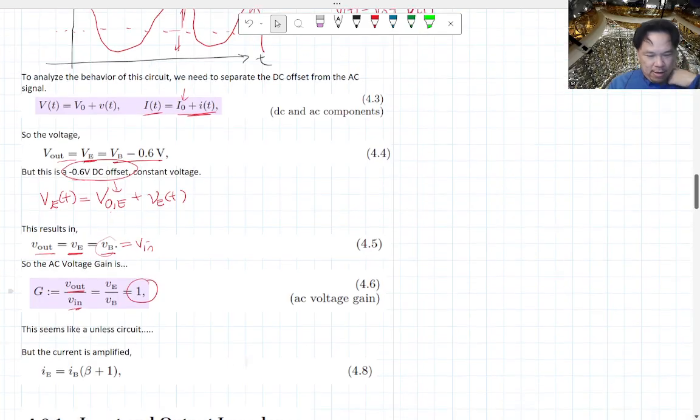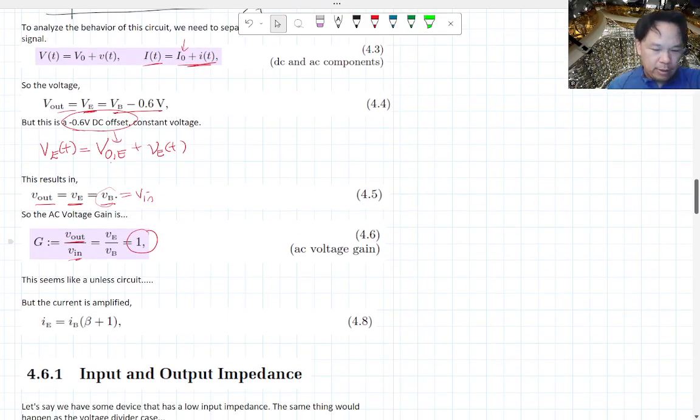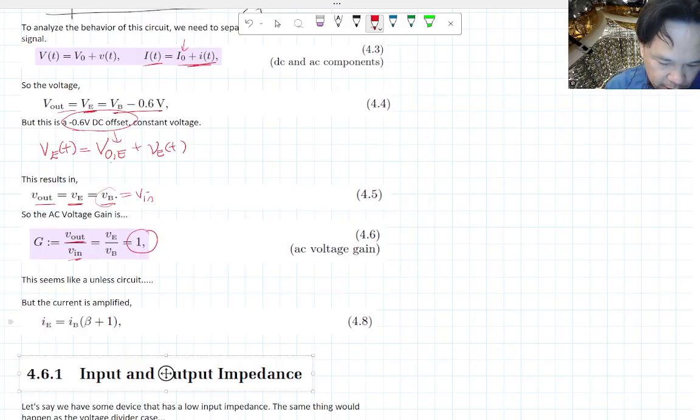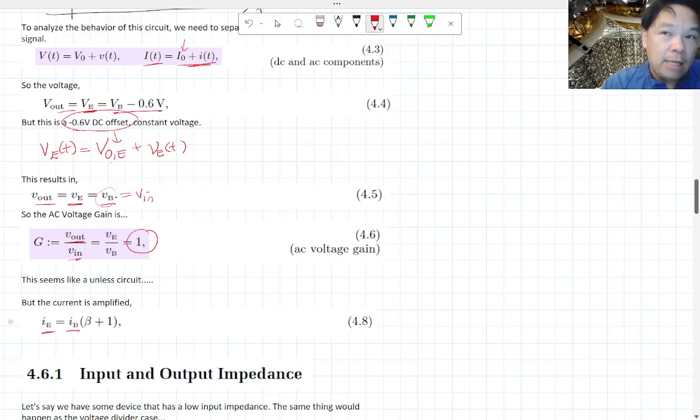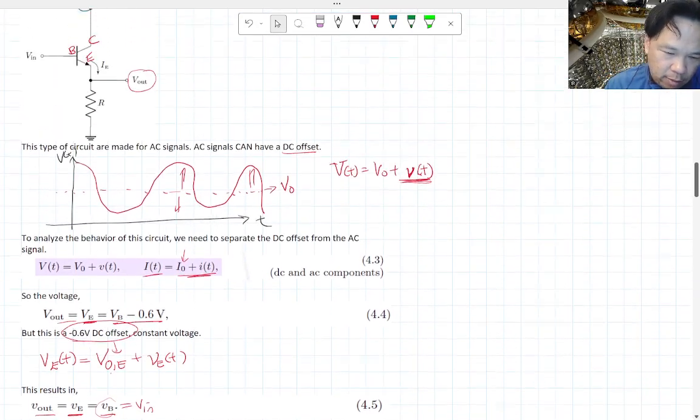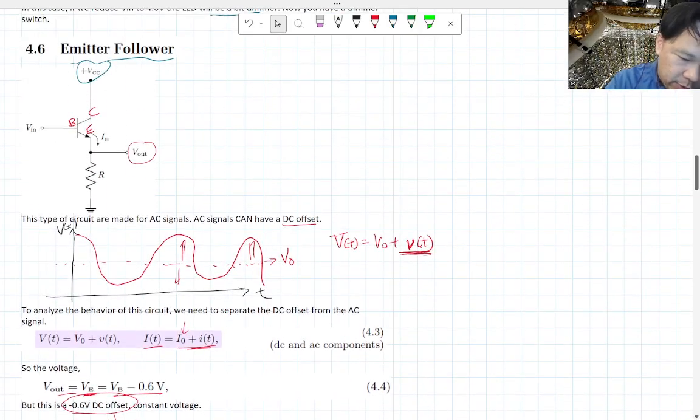But the thing that's kind of cool about this is that the voltage stays the same, but the current gets amplified. Whatever current is going through the base, it gets amplified at the output by a factor of beta plus 1. The reason it's plus 1, let's go back up here. You have current from the base, but you also have current from the collector.